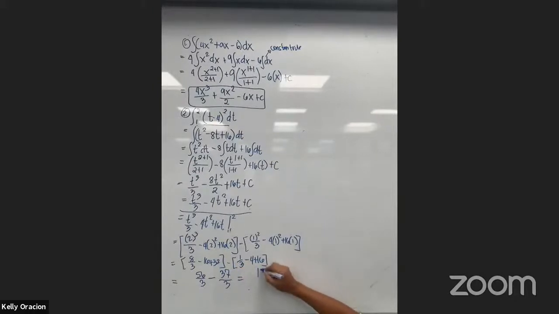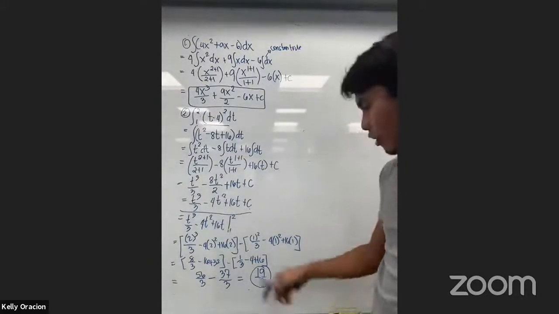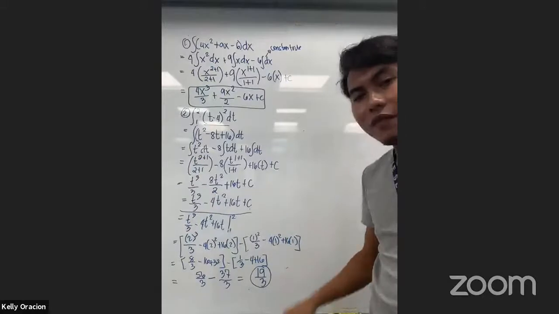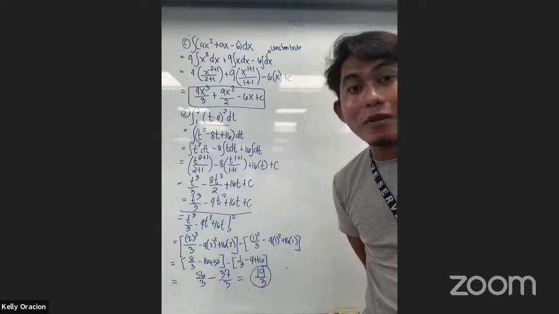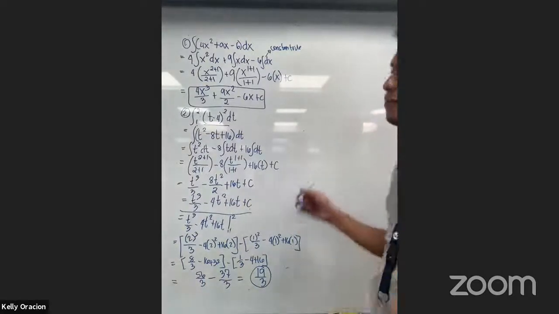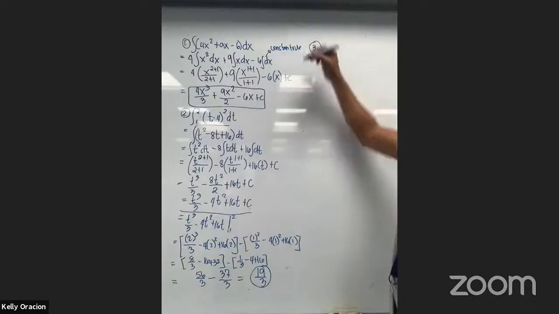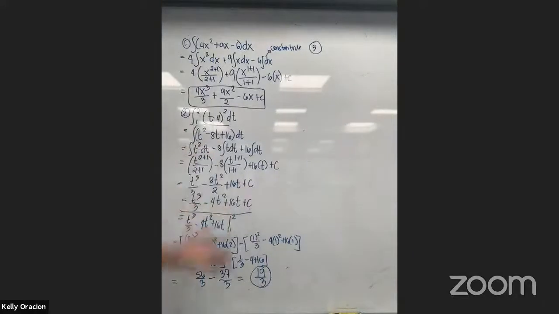So the final answer is 19 over 3. Then, this is your final answer, 19 over 3. Try to use your calculator. The answer is the same. So kindly copy everything. If you have a question, you can chat or you can unmute yourself.